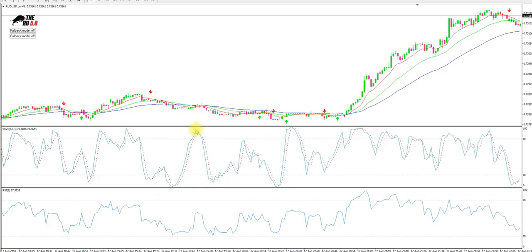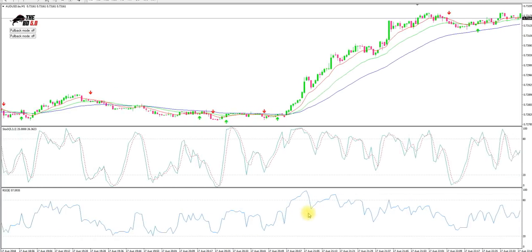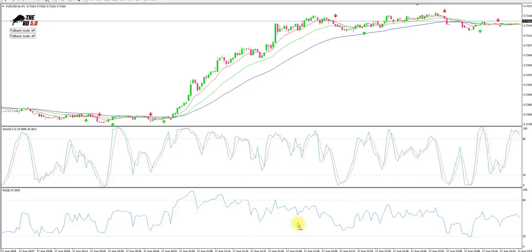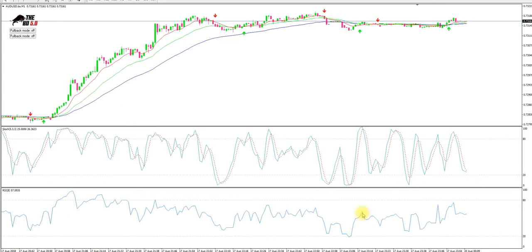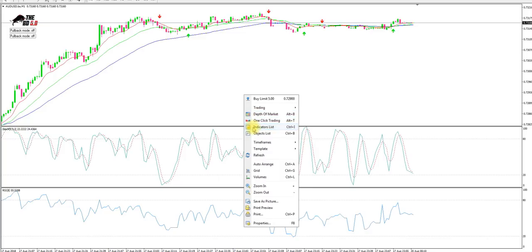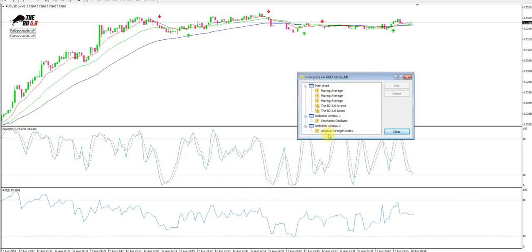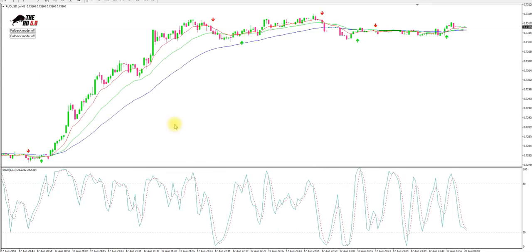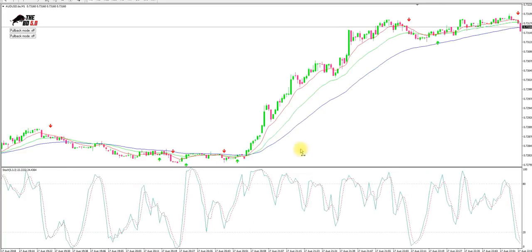The stochastics will go up and down, and the RSI will slowly go up, then slowly go down, then go oversold, then overbought. That's perfect if we're trading reversals, but if we're trading with the trend, we can use the stochastics to confirm our trades.